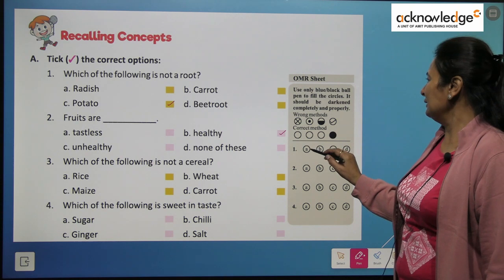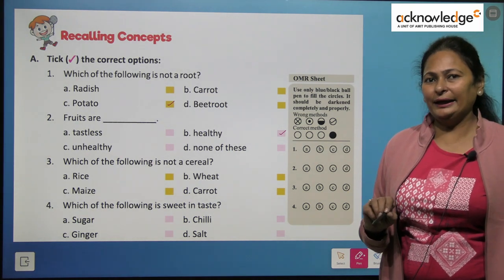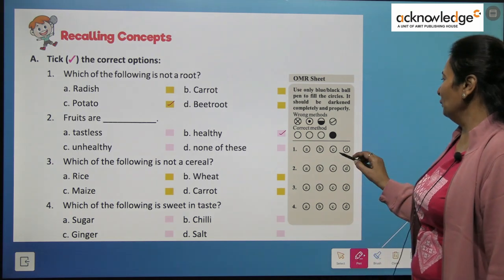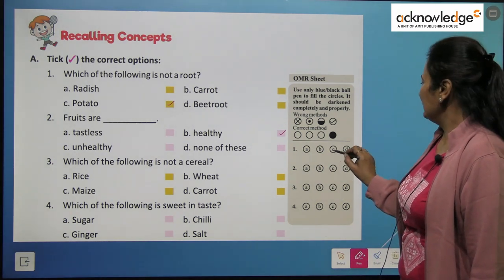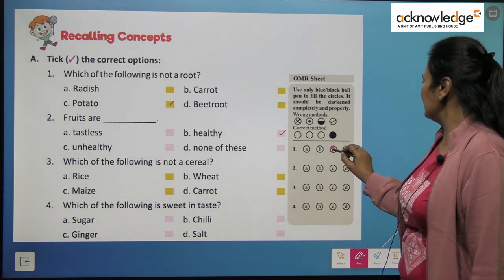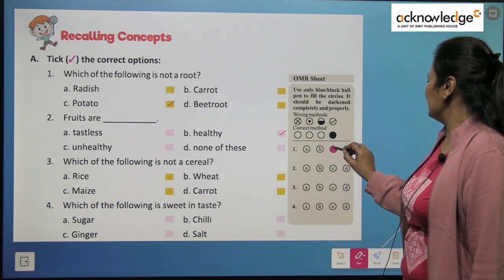Oh, I've forgotten. We need to circle this. First I'll do it for you, right? And the rest you will do along with me. The exercise C. Fill this C. You just need to fill the circle, entire circle, right?